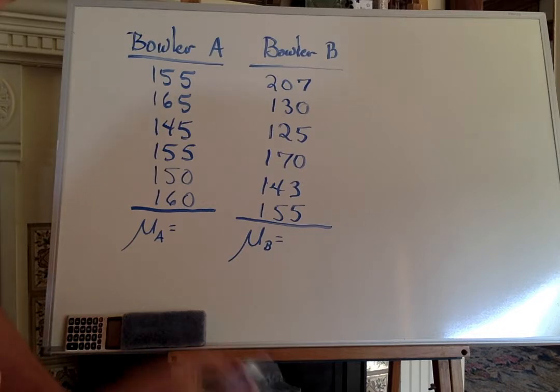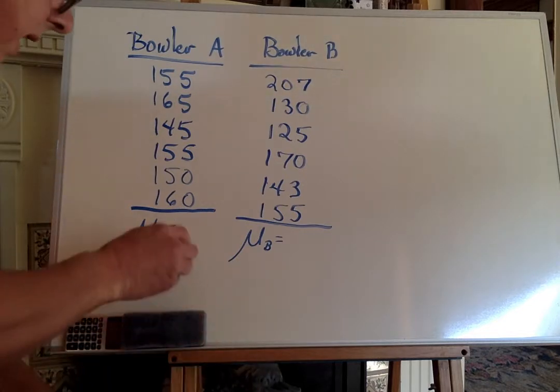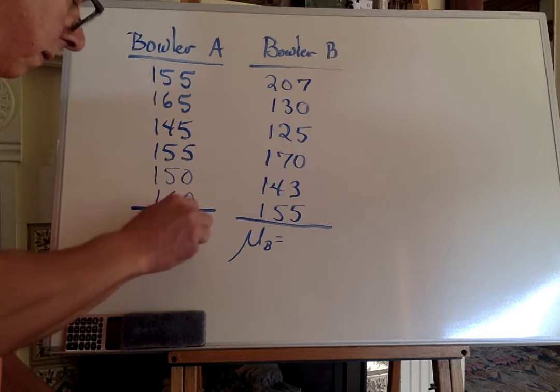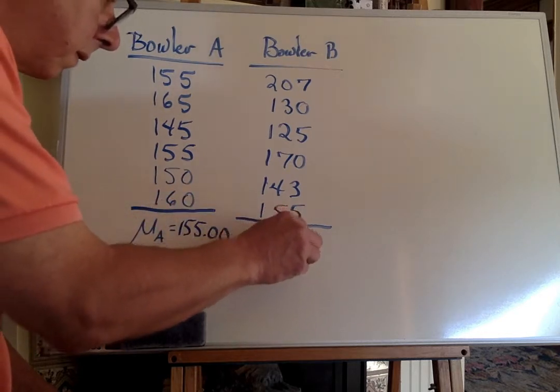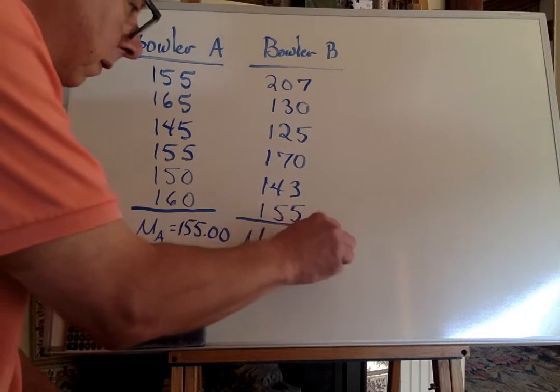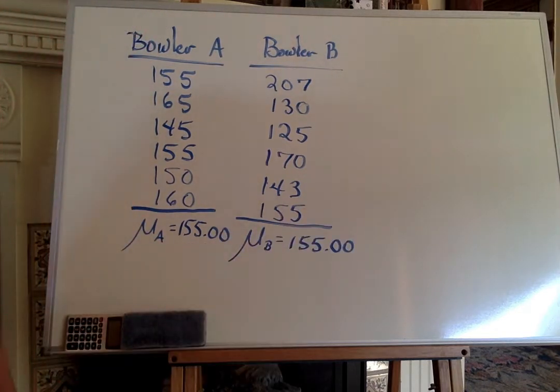Now, I will do that for us, and what we find is that both bowlers have exactly the same average. Okay? They both have the same mean in this case. And so that doesn't allow us to choose which bowler we're going to pick for our league.